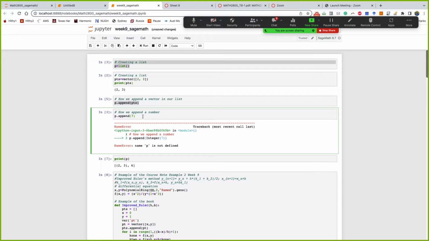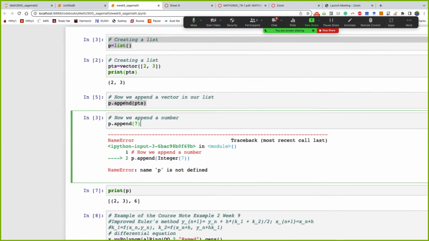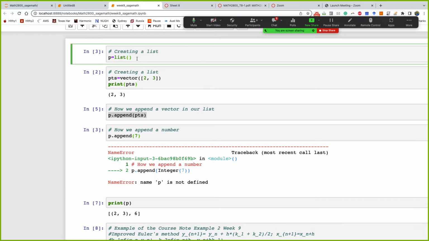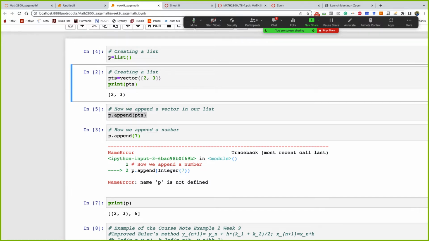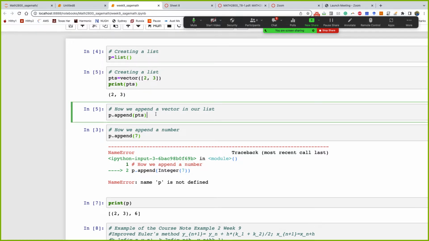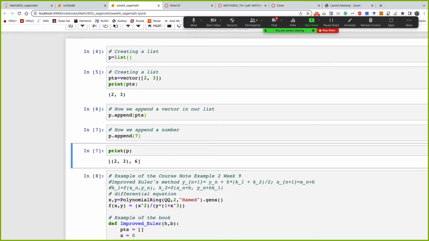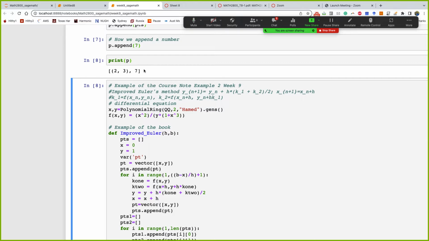You need to run the input 3 line first and rerun everything below it. Okay, thank you. And if I do this one, it will be 7.